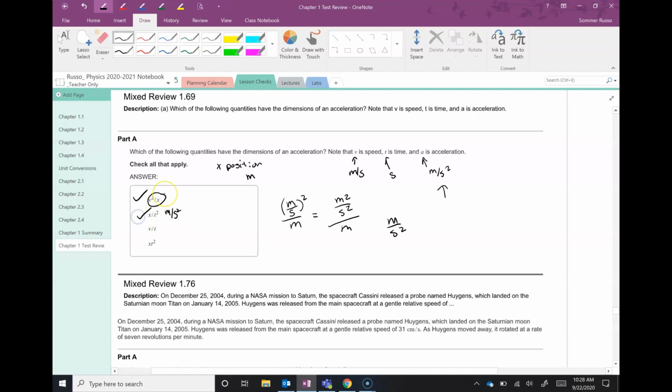Wow, that also has units of acceleration. Velocity is meters per second, and we're dividing that by seconds. Well, that simplifies down to meters per second squared as well. Woo! We got another one. This last one is meters for position and seconds for time. That term is squared, so that's meters times seconds squared. So this one is not.